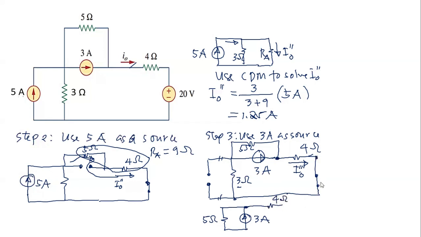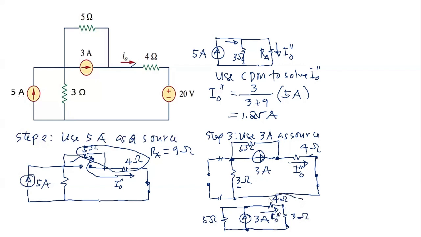And the 4 ohms, if we will trace, the end of the 4 ohms now is connected to the 3 ohm resistor. And the end of the 3 ohm resistor is connected to this point, to the parallel combination of 5 ohms and 3 ampere. Okay. So now, this is our IO triple prime.